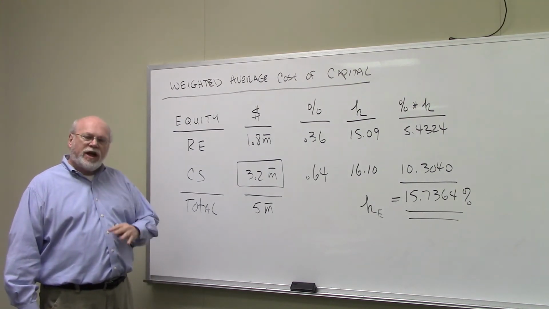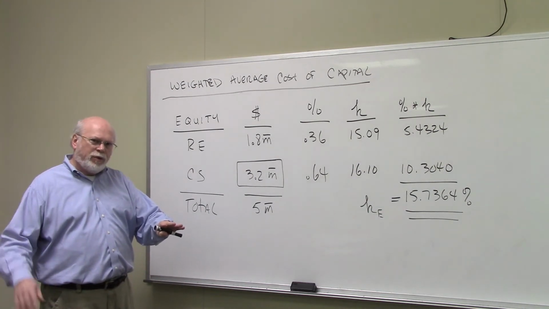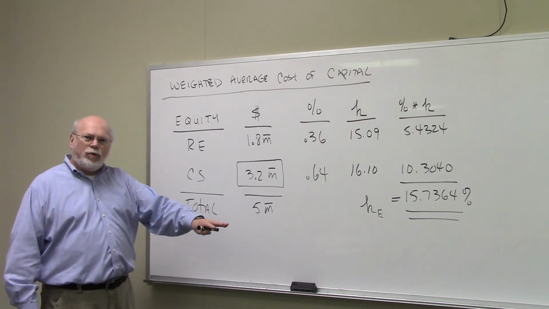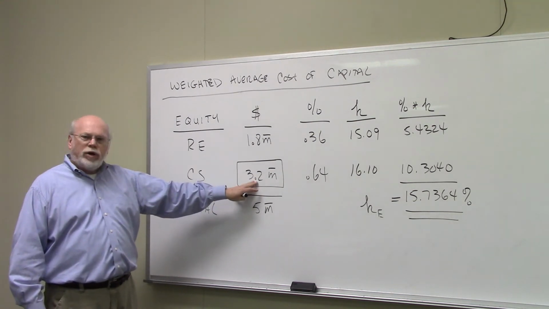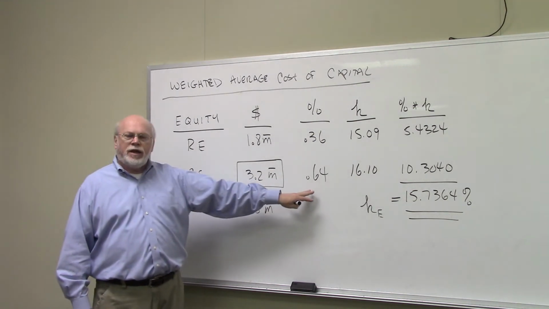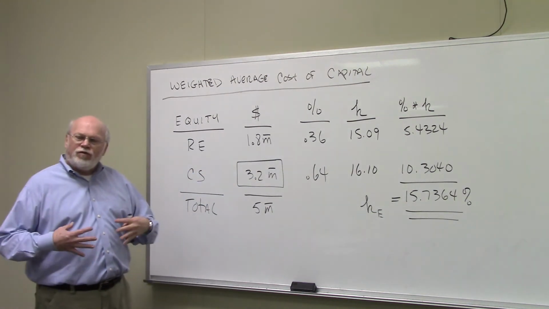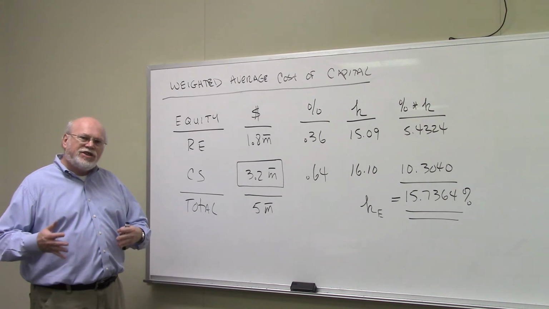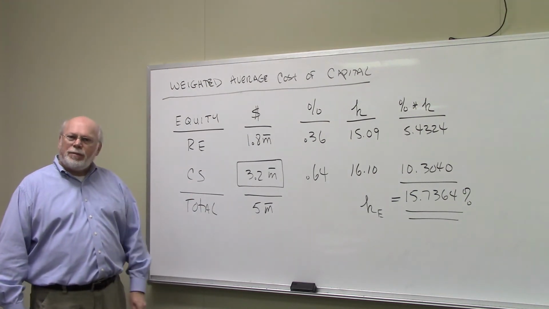So for this project, 36% of the equity, not all capital, just equity now, 36% of the equity capital is going to come from retained earnings. 3.2 million divided by 5 million is 0.64 or 64%. Again, for this project, 64% of the equity capital is going to come from common stock financing.